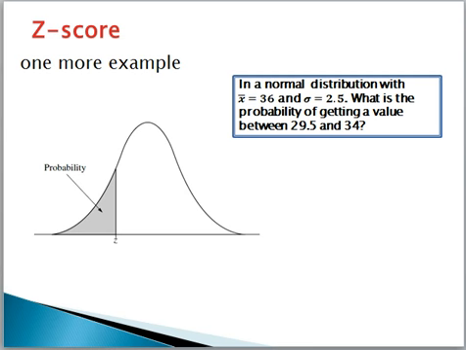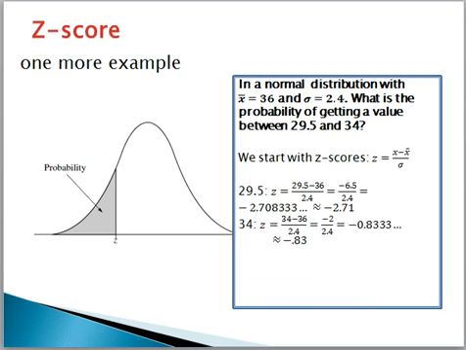So I'm going to show you how we do that. Of course, we start with finding the z-scores. For 29.5, the z-score has a lot of decimals, so we round it to approximately negative 2.71. We do the same thing for 34, and we get a z-score of negative 0.83.